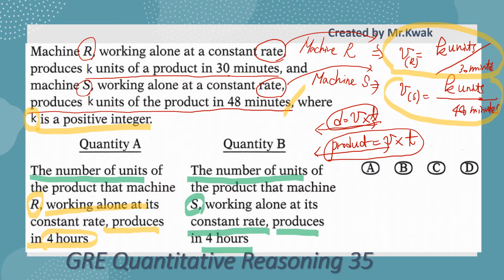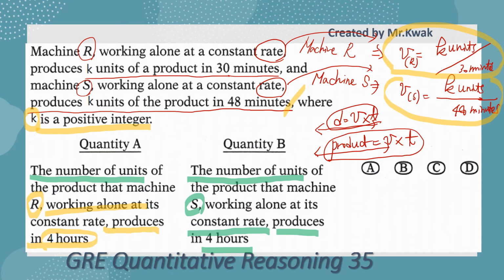Which means we have to compare the number of units that only R makes or only S makes in 4 hours. The time is also equal. So what we can do right now, let's think about it slowly.